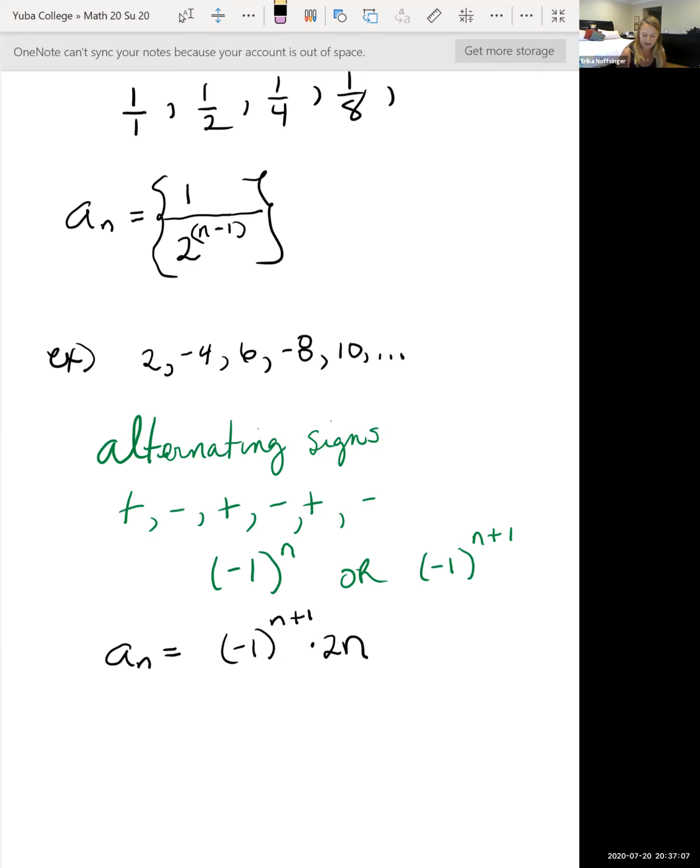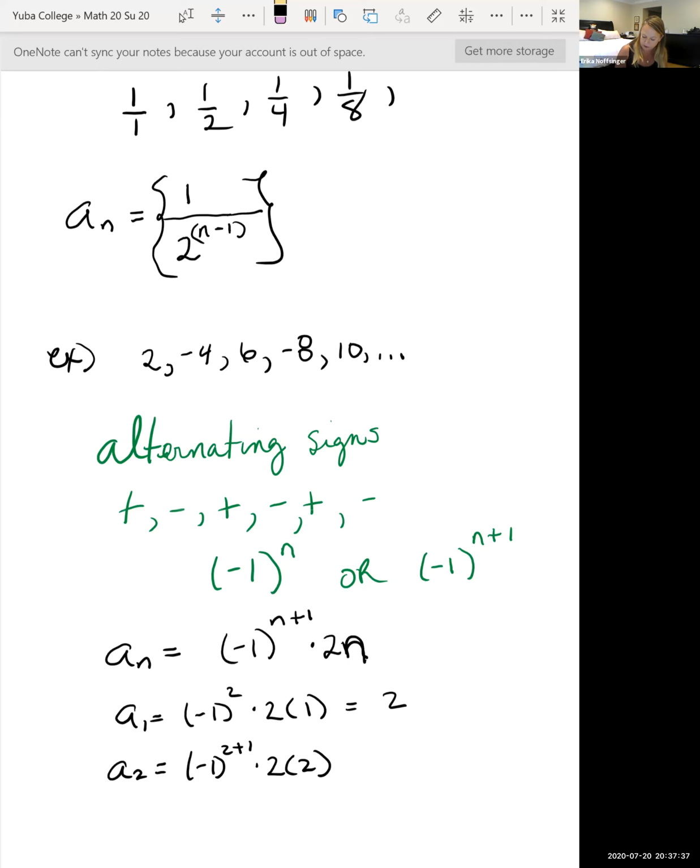Again, always test it to make sure that it gets you what you want. If we plug in 1 for our first term, we get -1 squared times 2 times 1, so this is 2. If we plug in 2, we get -1 to the 2 plus 1 power times 2 times 2.